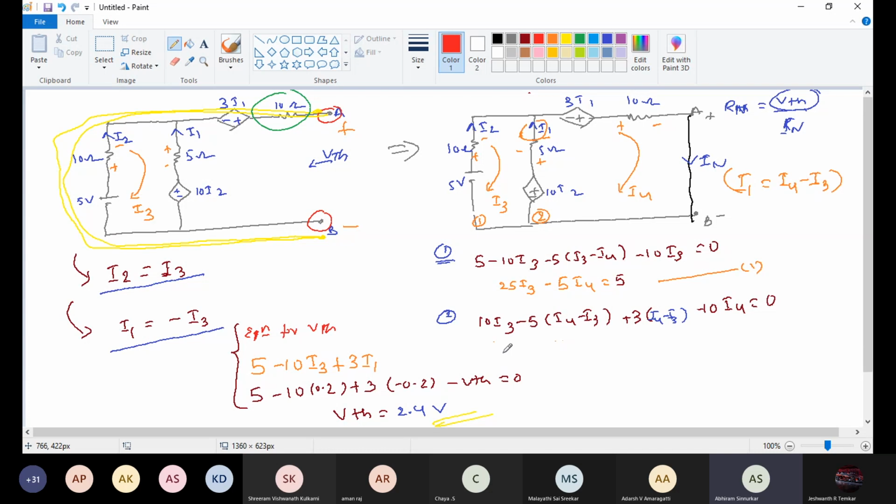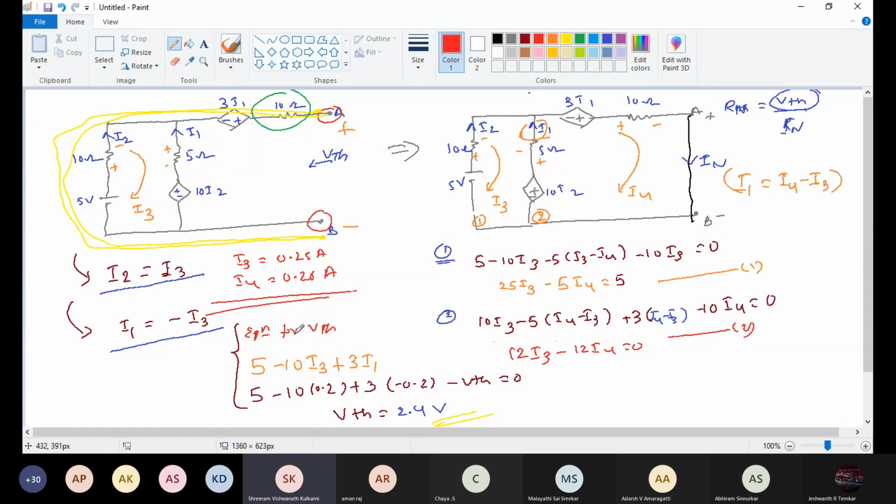Solve this equation and simplify. 12 I3 minus 12 I4 equals 0. Equation 2. Tell me the values for I1 and I3. Both are 0.25 ampere.